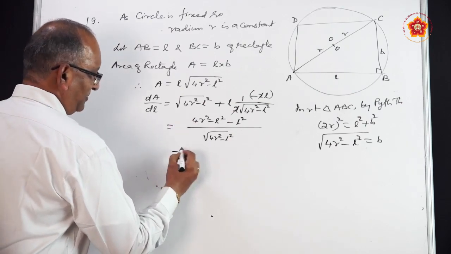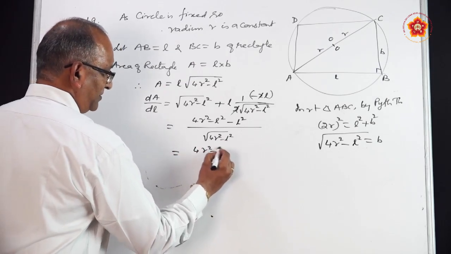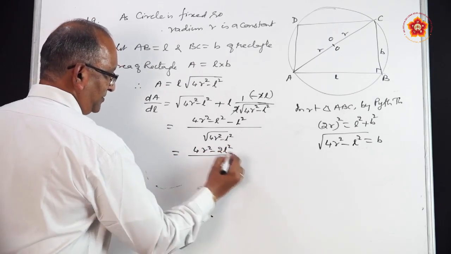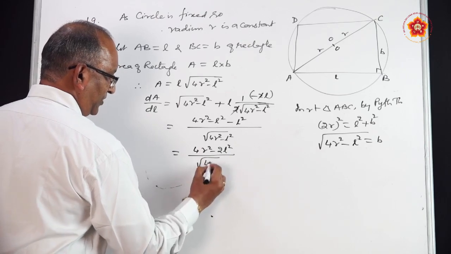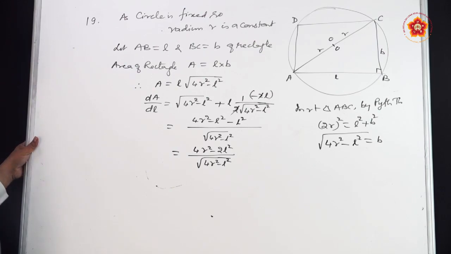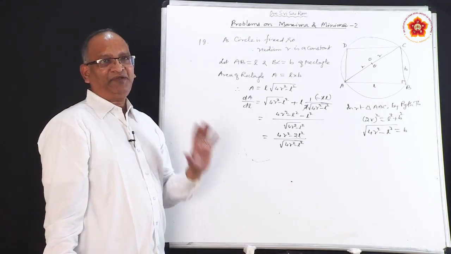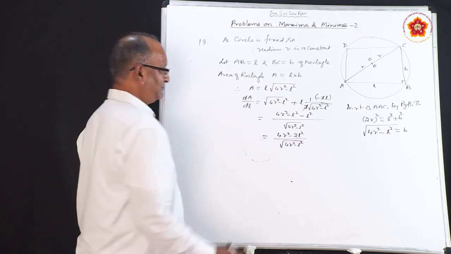Simplify it one more step. It can be written as 4r square minus 2L square by under root of 4r square minus L square. In order to get critical points, what do we do? We equate the first derivative with 0.